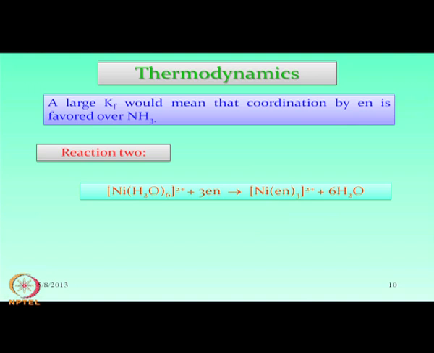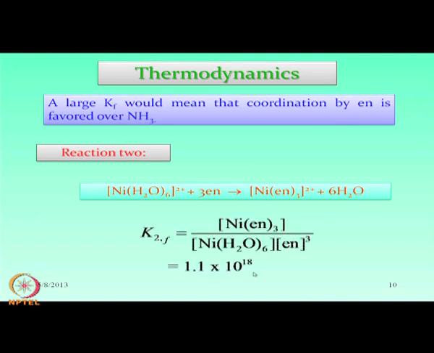So, directly from the aqua species we get the formation of the trischelate of the bivalent nickel, and we find out the corresponding values for the formation of these, and for the reaction which is directly forming from the aqua complex we can find out the corresponding K value as 1.1 into 10 to the power 18. Just we simply compare the magnitude of these values.